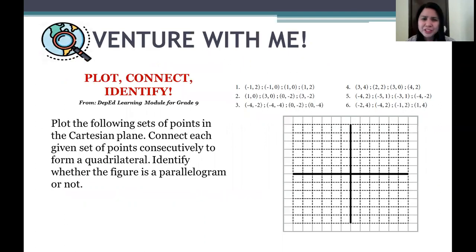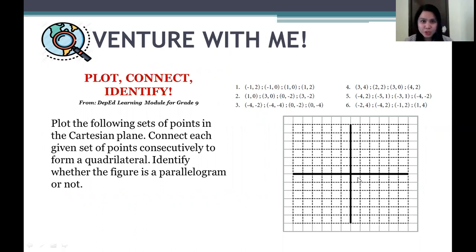Now, here's our venture activity for today. We need to plot the points in the Cartesian plane and connect each given set of points consecutively to form a quadrilateral.